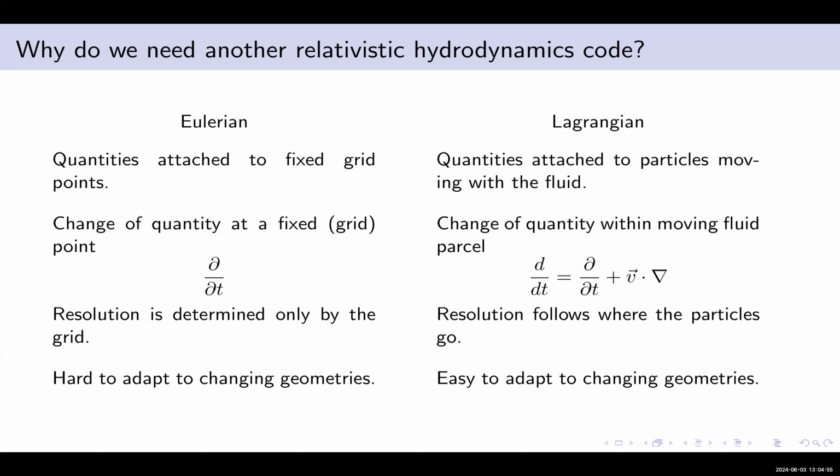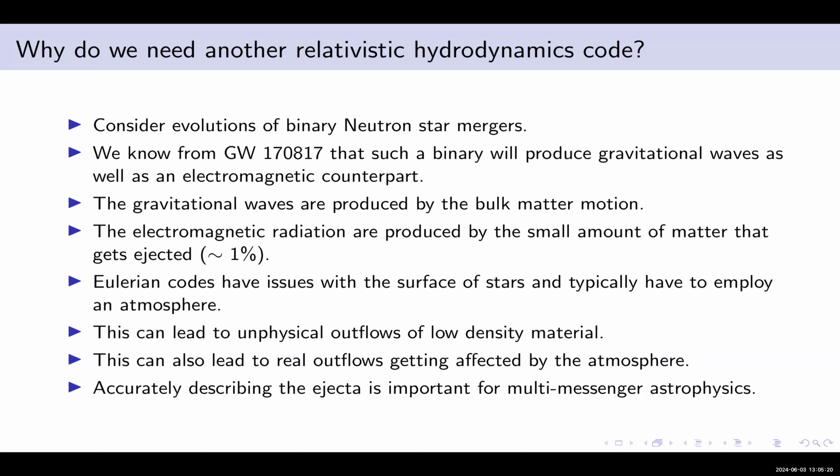Another reason why we need another kind of relativistic hydrodynamics code: just think of the case of a binary neutron star merger.